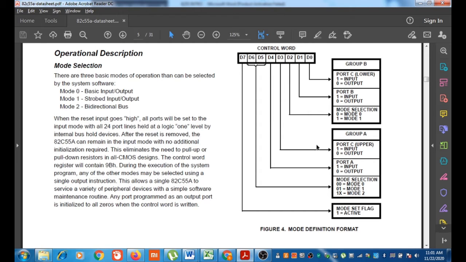Then D3 bit is used to indicate whether port C upper part is configured as input port or output port. Then D6 and D5 are used to indicate the mode selection. Group A can be operated in mode 0, mode 1 and mode 2.